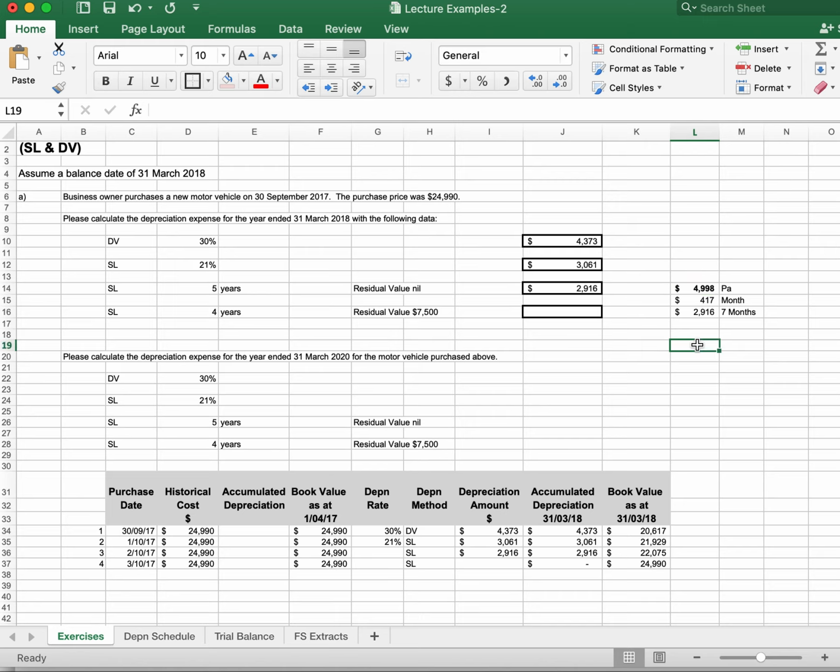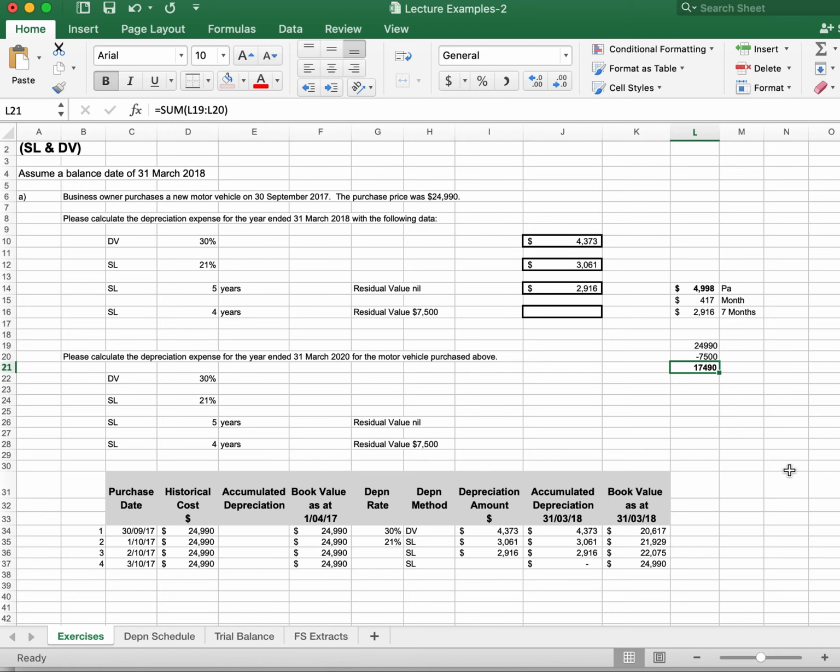So really the amount we need to write off is how much did it cost us, how much will we get when we sell it at the end? The difference between those two is the amount that we need to depreciate over 4 years.